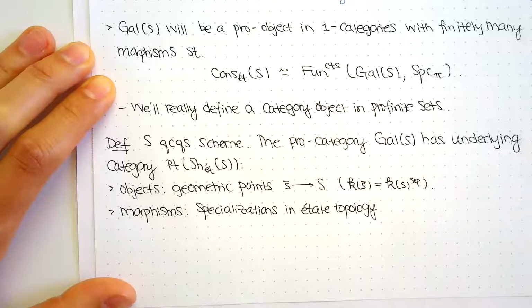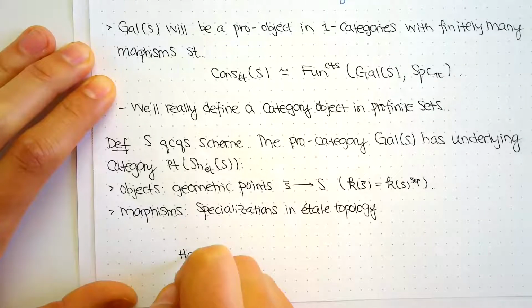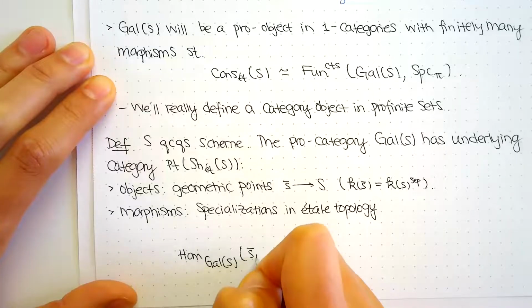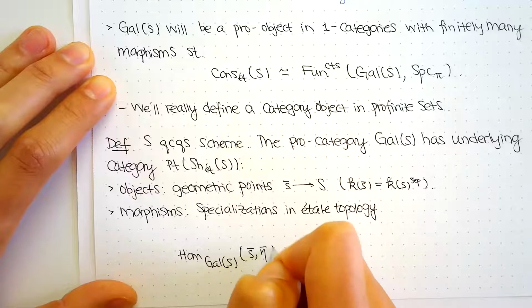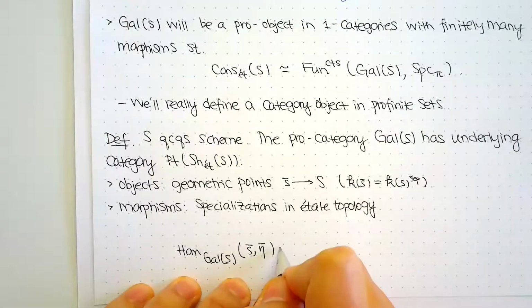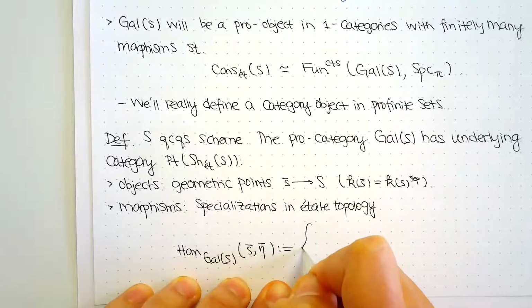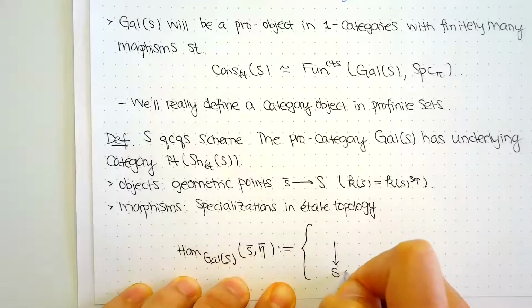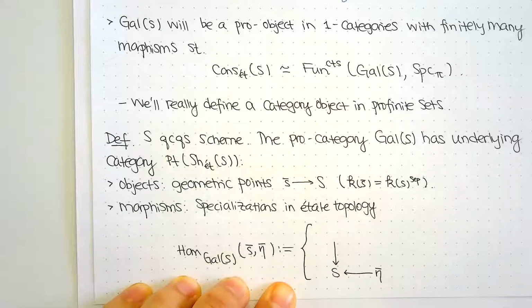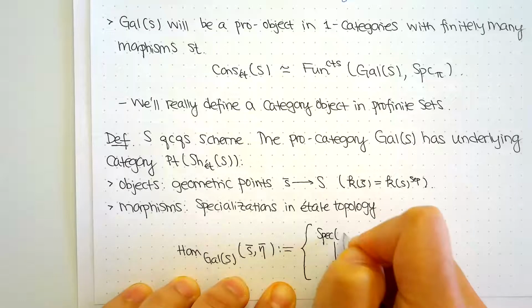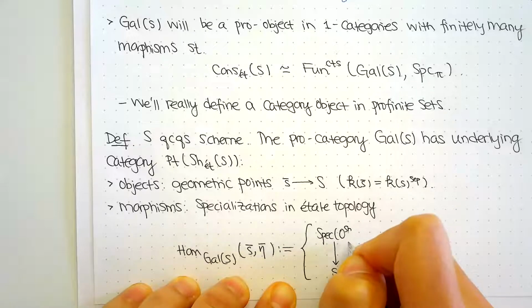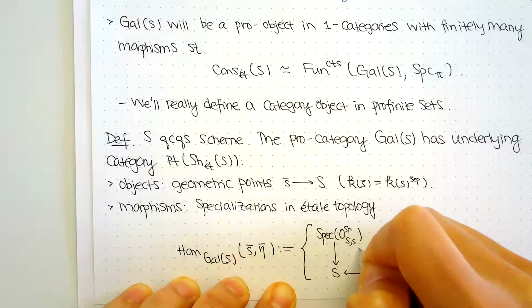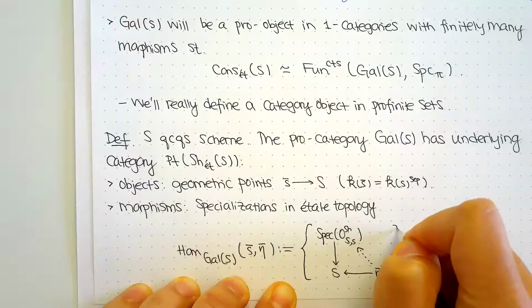So let me try to use the same notation as before. The morphisms in this category from S bar to eta bar are going to be defined to be the set of lifts of the geometric point eta bar to the strict local ring, the local ring in the étale topology at the other point.